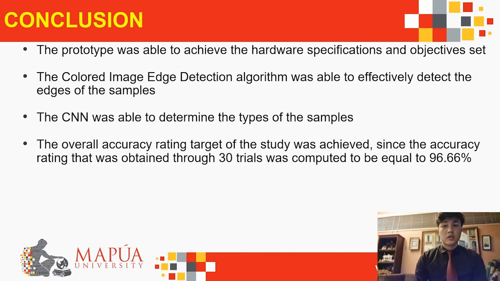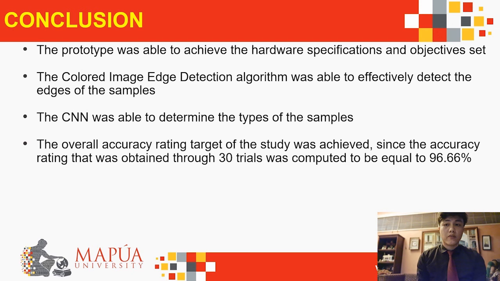Second, the colored image edge detection algorithm was able to effectively detect the edges of the samples. We used the colored image edge detection to filter out the empty spaces of the image. And the third part is the convolutional neural network, or CNN, was able to determine the types of the samples, specifically which type of damage it had, and if it was a healthy sample overall.